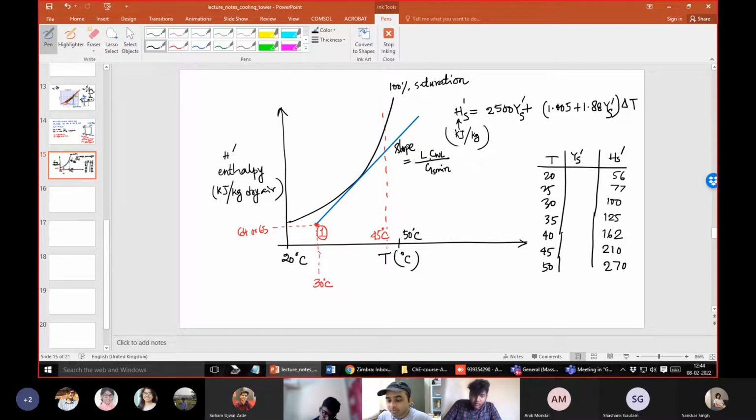So L is something you know. Cw is 4.2 for water in SI units. We have to find out what is the Gs minimum. So can I ask everyone to calculate the slope and then find the Gs minimum, and tell me what is the value of the Gs minimum here in this case. Please note that the unit of Gs minimum will be kg per meter square hour, right? Because L is in kg per meter square hour. L is 6,000. So first calculate the slope and then calculate what is Gs minimum.